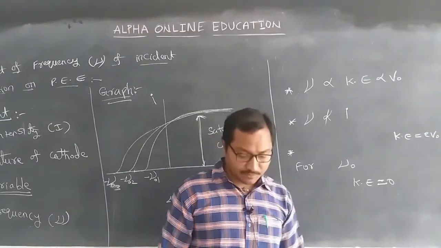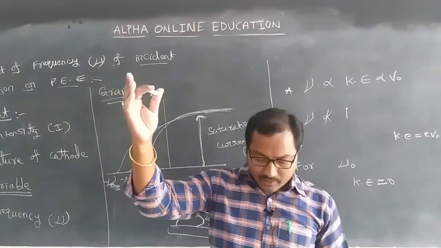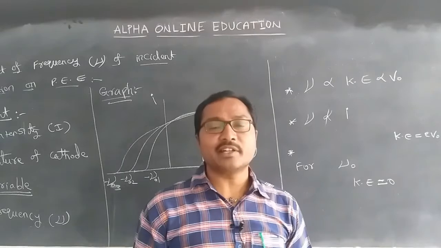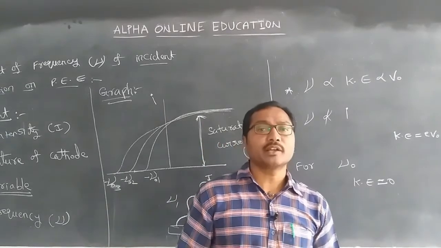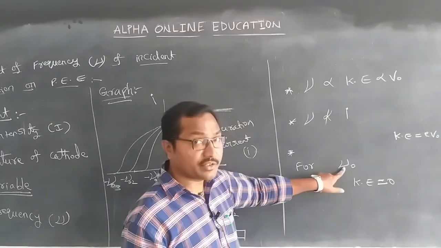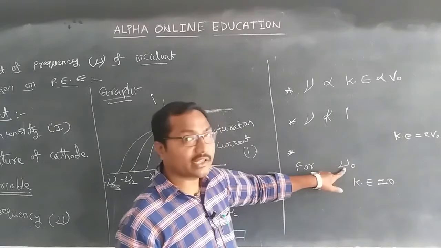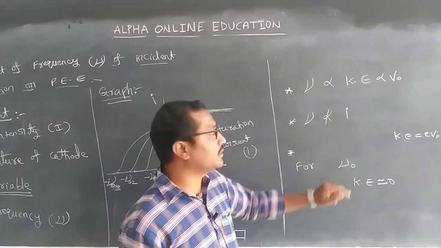Okay, right. And here we have an important concept. We know the meaning of threshold frequency. It is the minimum frequency of the incident radiation at which the photoelectric effect occurs. This is called the threshold frequency.